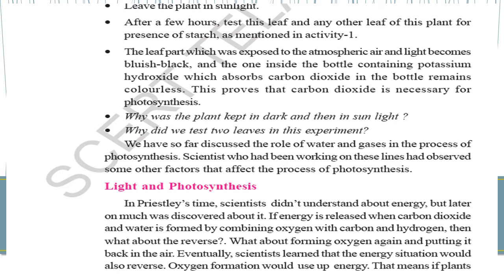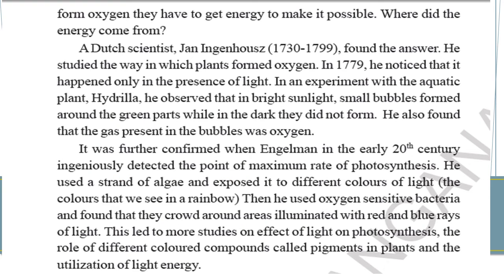If energy is released when carbon dioxide and water are formed by combining oxygen, O2, with carbon, C, and hydrogen, then what about the reverse? What about forming oxygen again? Can we put oxygen back in the air? Eventually, scientists learned that the energy situation would also reverse. How? Oxygen formation would use energy. Okay, where did the energy come from, children?